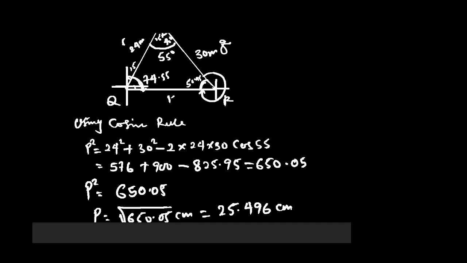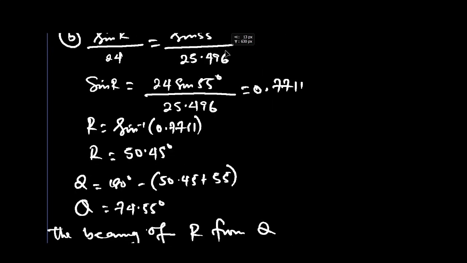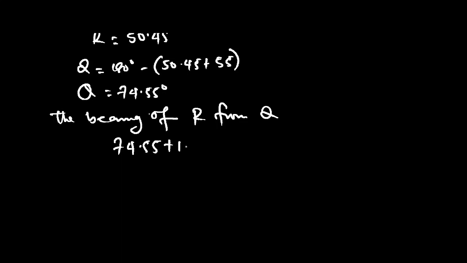So that means the bearing of R from Q is going to be 74.55 plus 15, and that will give us 89.56 degree.